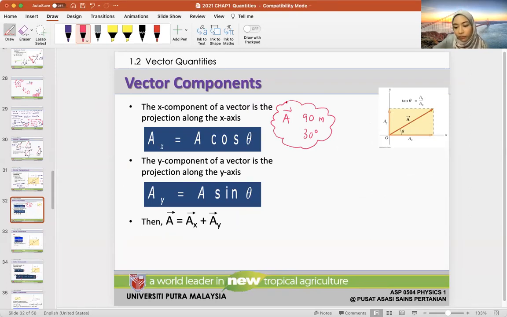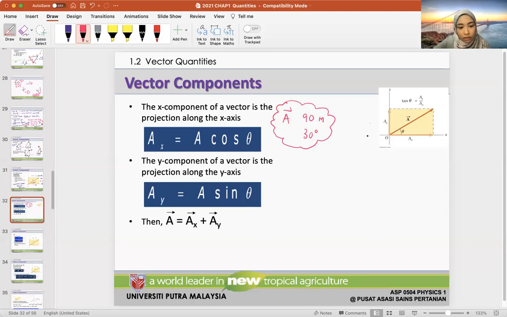But his boss told vector A, hey vector A, can you be broken down into AX and AY? Because I need two of you to work, I can't have a single person. So A vector said, okay, let me break myself into AX and AY components. How do I do that? I use this equation.